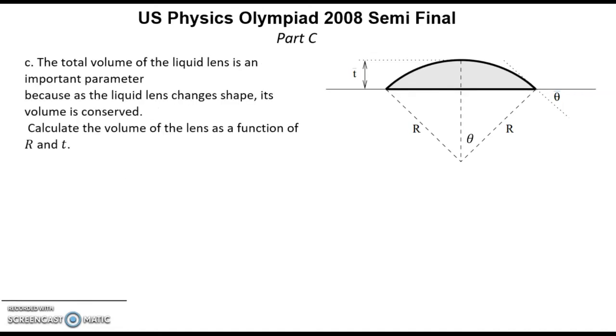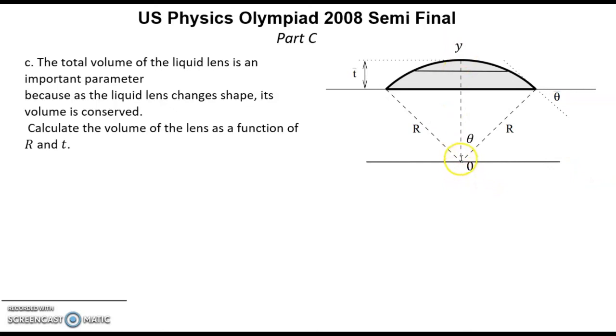Question C. The total volume of the liquid lens is an important parameter, because as the liquid lens changes shape, its volume is conserved. Calculate the volume of the lens as a function of r and t. To calculate volume, we have to put this picture on our xy graph.